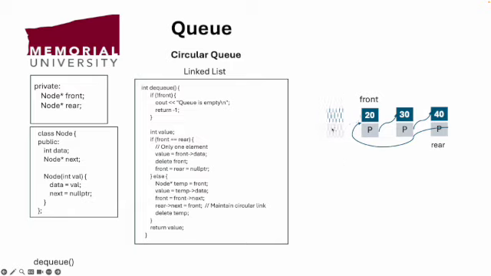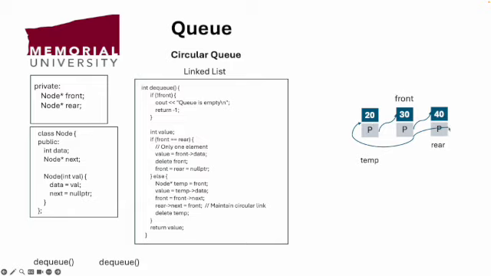Okay. Do a dequeue again. We establish the temporary variable. So this is not none, and this is not only one element. So we have a temporary node here, pointing to this front node. Doing the same thing, we set the value equal to the temporary data, and move the front to next, right?